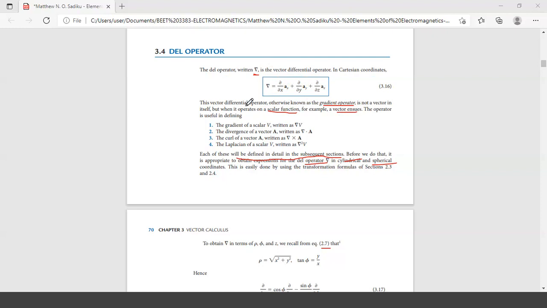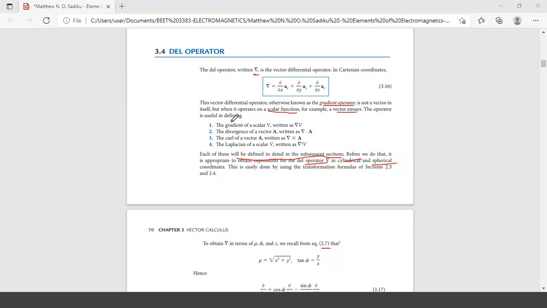The vector differential operator, otherwise known as the gradient operator, is not a vector in itself, but when it operates on a scalar function, for example, a vector ensues.